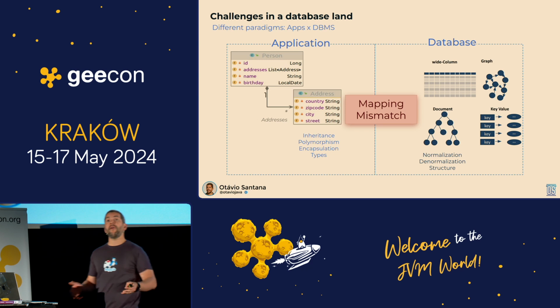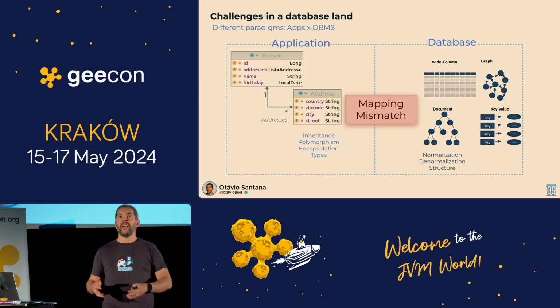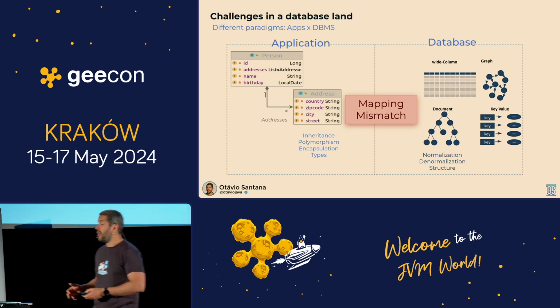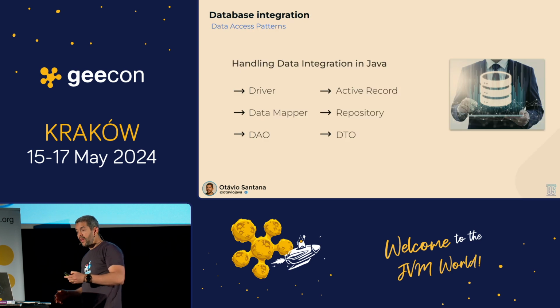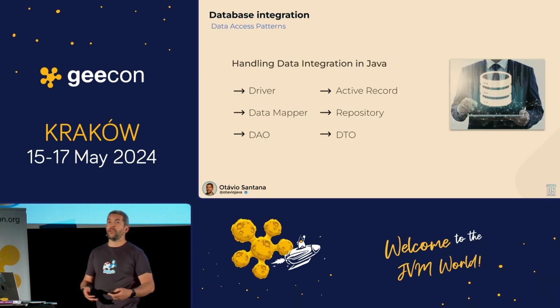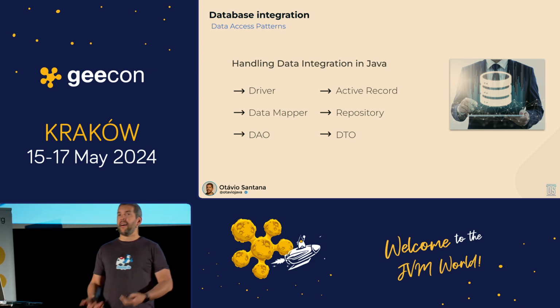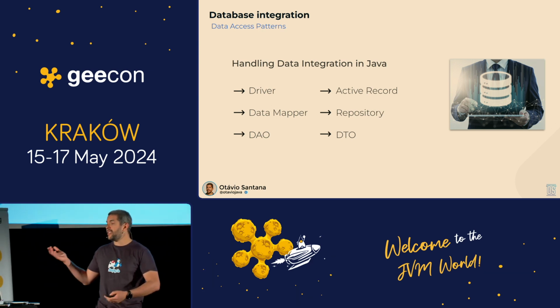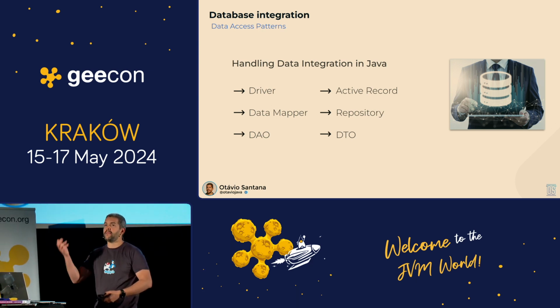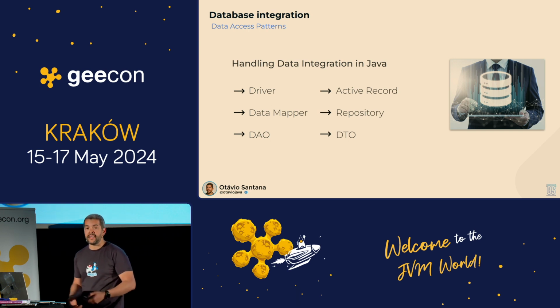So how can I make it easier and super efficient to handle that? Of course, one way to make it possible is using what we already have. In this case, these database patterns to make this integration as good and fast as possible.